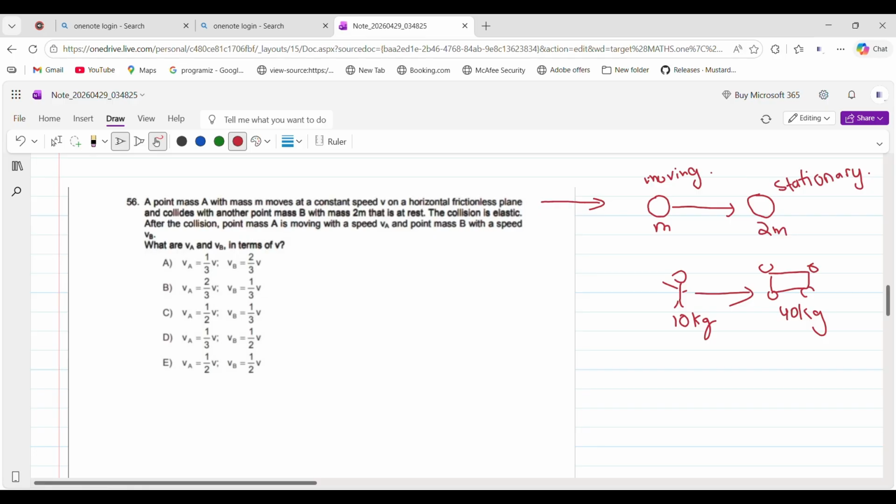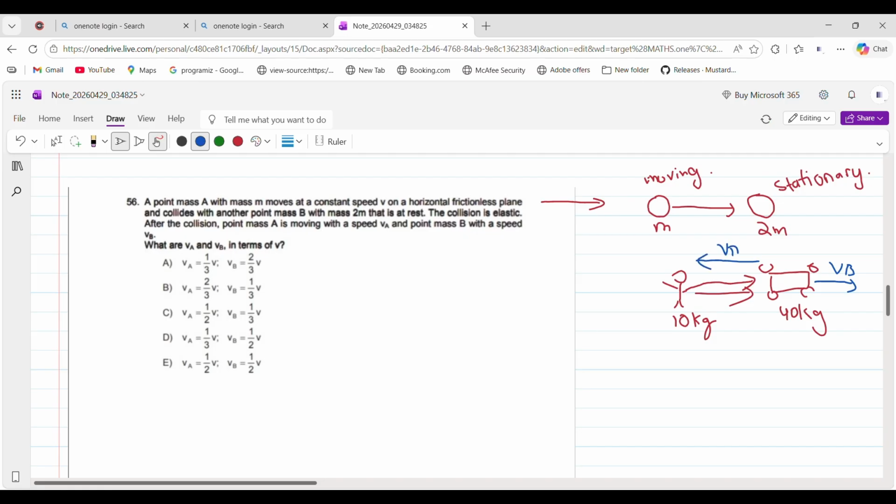Now he is coming with a very good speed. Of course, after colliding with the car, the car will start moving in the forward direction with some velocity, which they have called VB, the velocity of the second object. And the man will go backward with some velocity, VA.